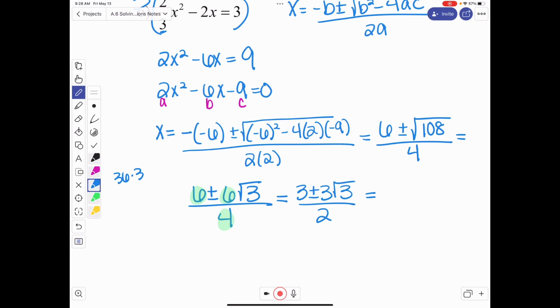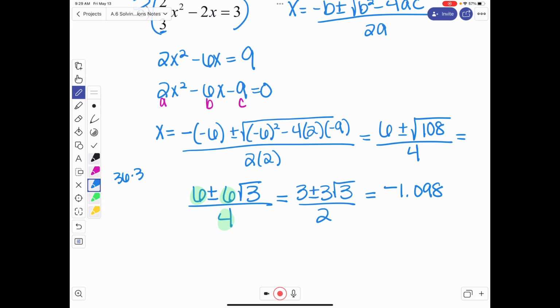Now, if I do want to change this to a decimal, I would just type this in my calculator. One is a plus, one is a minus. So like 3 minus 3 times the square root of 3 divided by 2, which would give you negative 1.098. Round to however many decimals we tell you to. Make sure you are typing this in your calculator to make sure you can get this decimal.